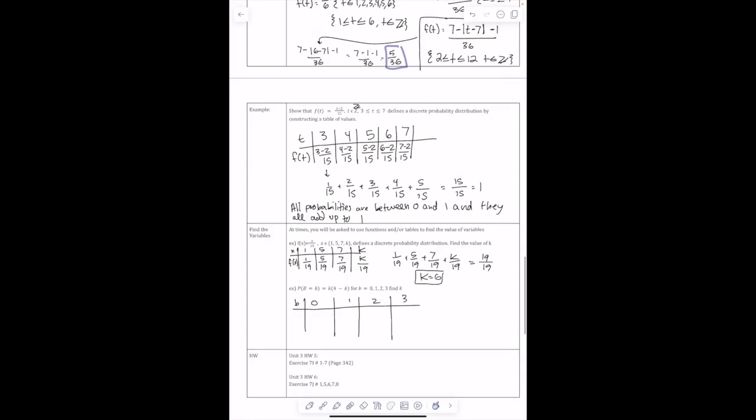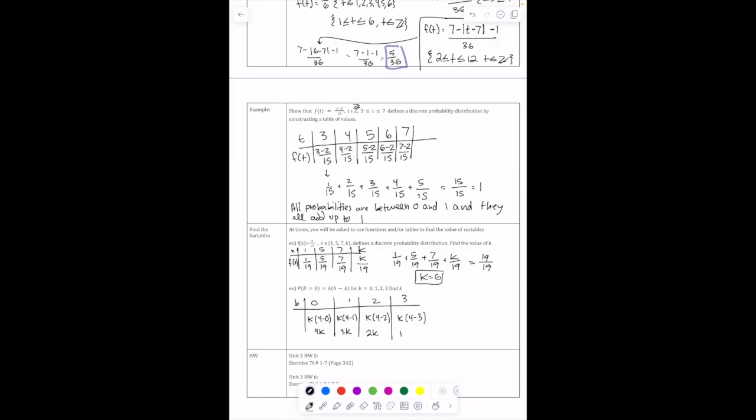So here it's going to be k times 4 minus 0, or just 4k. Here it's k times 4 minus 1, or 3k. Here we'll have k times 4 minus 2, or 2k, and then k times 4 minus 3, which is just k.